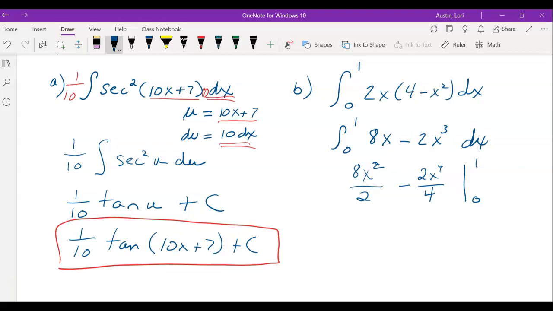Okay. So 8x squared becomes 4 minus, right? Good so far? And then plug everything in. Plug in your 1.